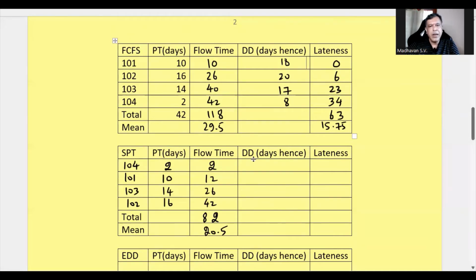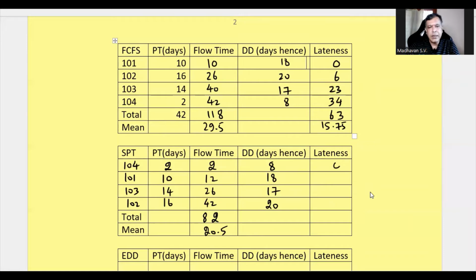Now the corresponding due date, let us copy from this data. 104, the due date in days is 8. For 101, it is 18. 103, it is 17. 102, it is 20. Now let us calculate the lateness. First job will be done in 2 days time, whereas due date is still there 8 days.